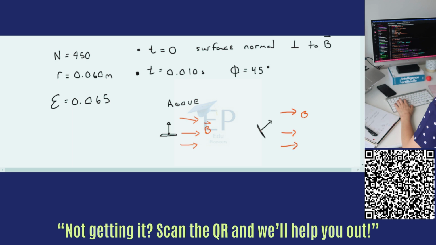So we can see that our surface normal there is going to make an angle of 45 degrees with our magnetic field.